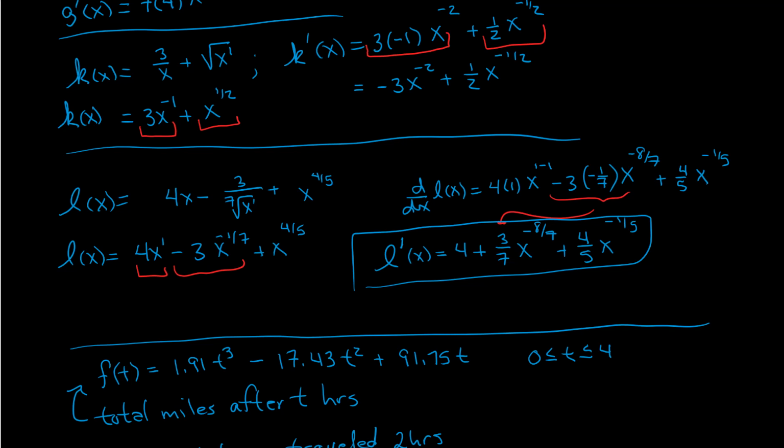The derivative of this first term is this. We have the 3 times whatever the exponent is, negative 1, times x raised to the negative 1 minus 1, that's a negative 2. Okay, that is going to wind up giving us a minus 3x to the negative 2.